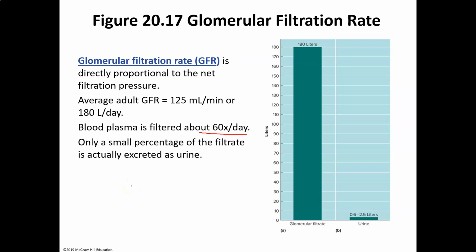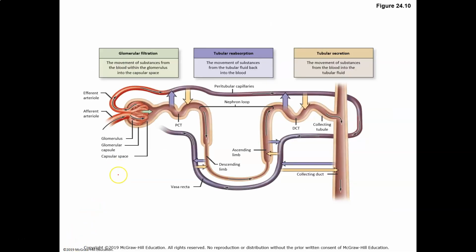Right now, we got to talk about the specific parts of the nephron and what they do. So, you have to get this concept, this idea down here. You're going to run into terms. Glomerular filtration is whatever gets out of the glomerulus into this part, into the proximal convoluted tubule.